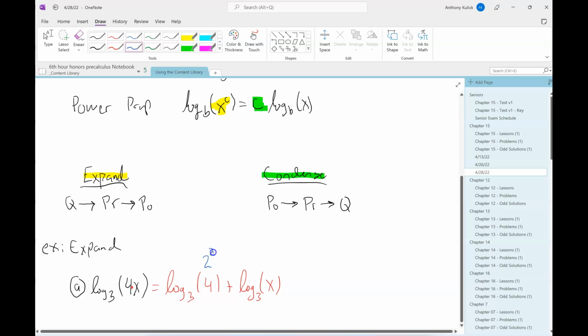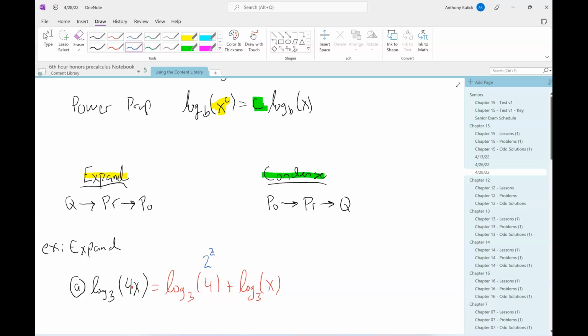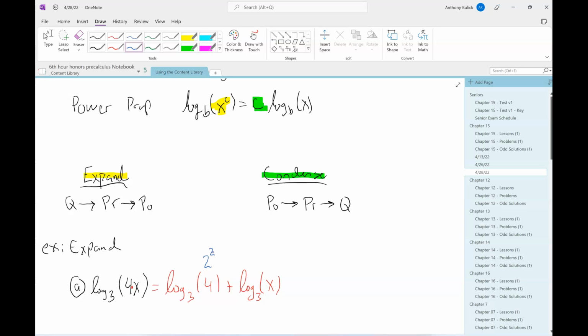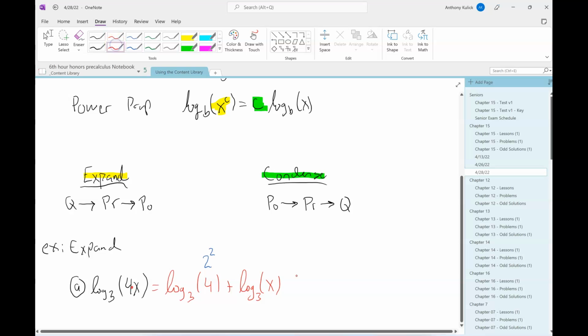Yeah, 4 is not prime, it's a composite number. So anytime you have a non-prime integer like that, there will either be a product or power property going on, or multiple, depending on if it's a crummy number like 30, which is 2 times 3 times 5. But here we can just do this with a single power property.